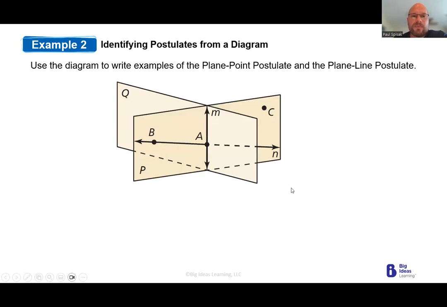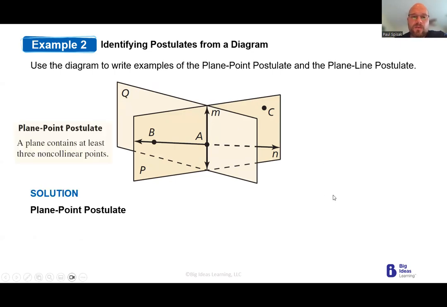Then on example 2, identifying postulate from a diagram. Use the diagram to write examples of plane point postulate and plane line postulate. So on here, we have 2 planes that are intersecting. We have, again, the first one, plane point postulate. So in plane point postulate, it says that a plane contains at least 3 non-collinear points.